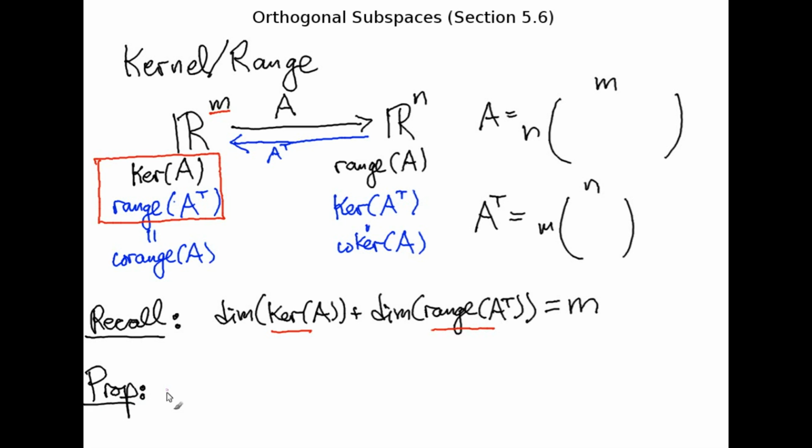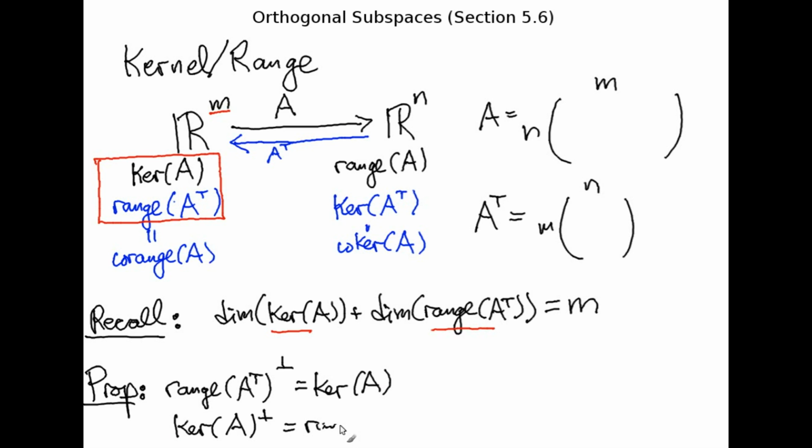The proposition is that the range of A transpose perp is the kernel of A, and similarly the kernel of A perp is the range of A transpose. So in some sense, this is a stronger statement than this. First of all, these are the same as each other.